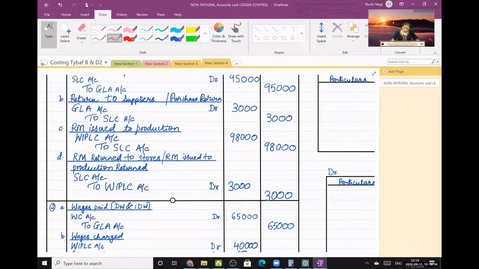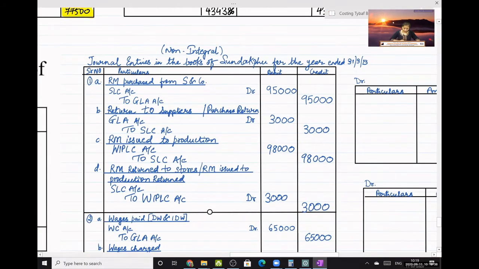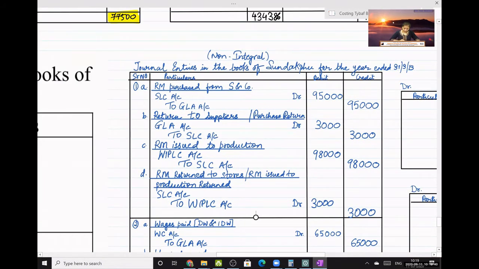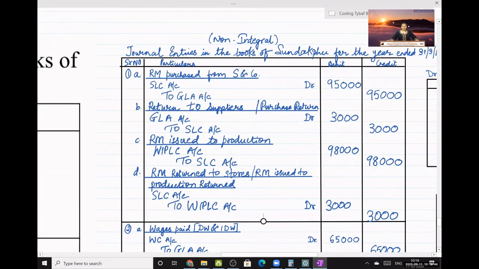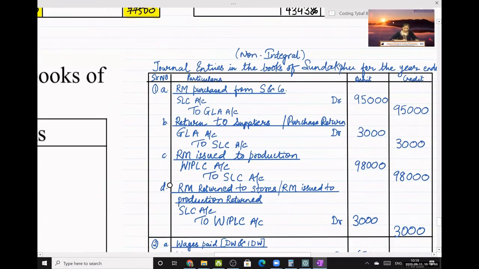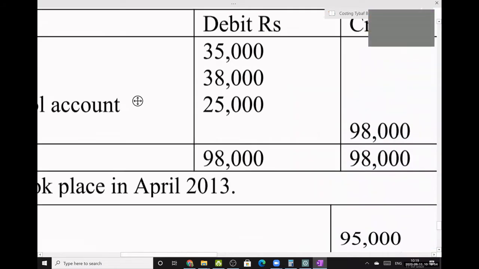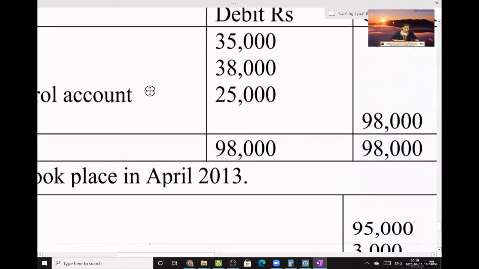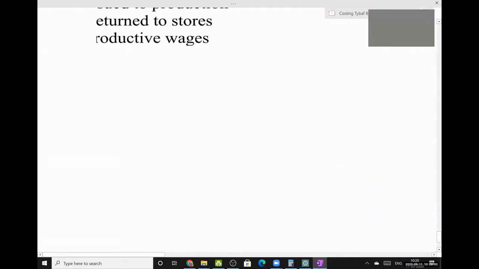Okay, start. See the transaction. क्या पूछा है पहला?